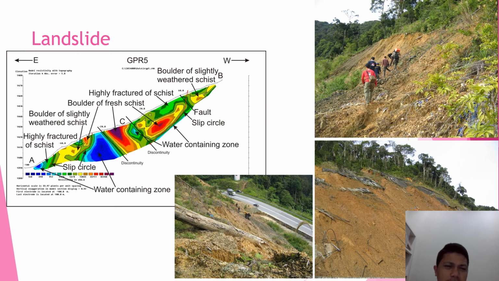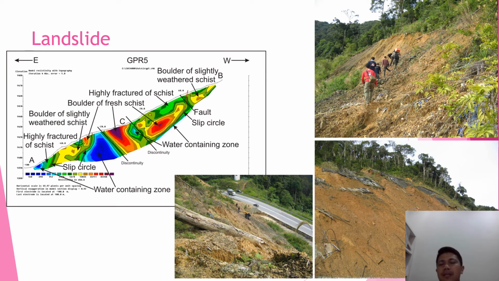Okay, so we used the resistivity method. You can see the profile based on the actual topography. Here is the bottom of the main road, and then we climbed with our team, bringing all the equipment: battery, resistivity meter, and another set of equipment. We plotted, and then we could identify the water-containing zone, which maybe contributes to the failure of this slope.